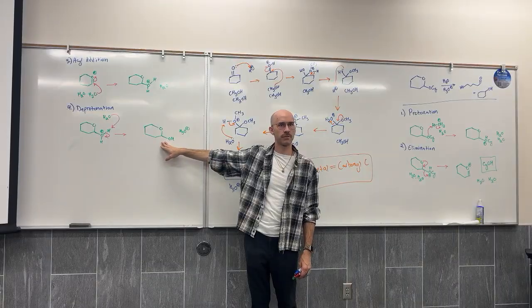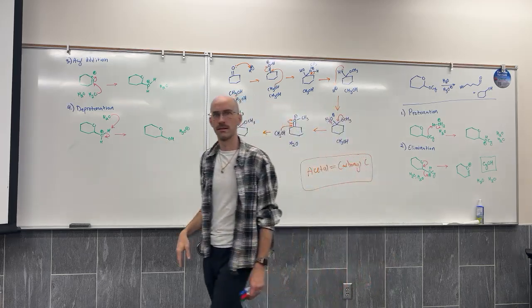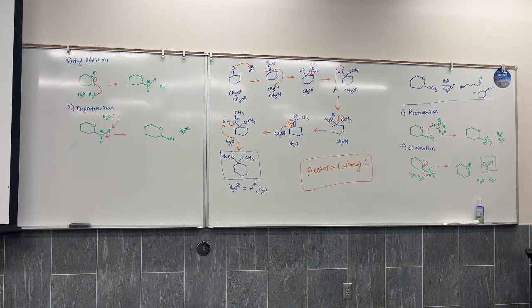Anything of interest with this intermediate here? Could we call it anything? That's a hemiacetal. So we're halfway, right? I guess when we're doing it backwards, halfway comes a little later. Going forward, the hemiacetal was at the end of step 3. Going backwards, the hemiacetal is at the end of step 4.